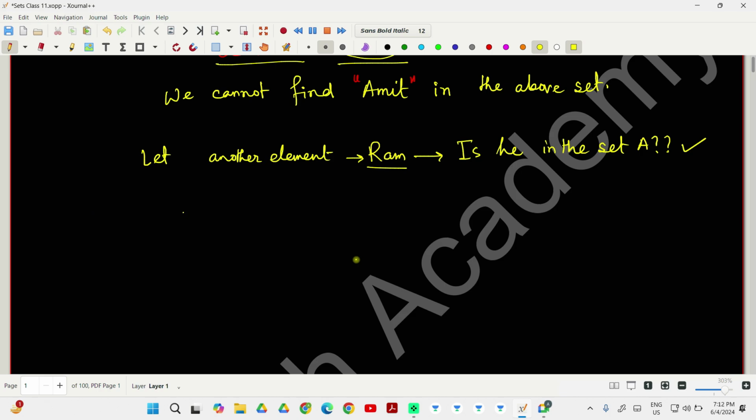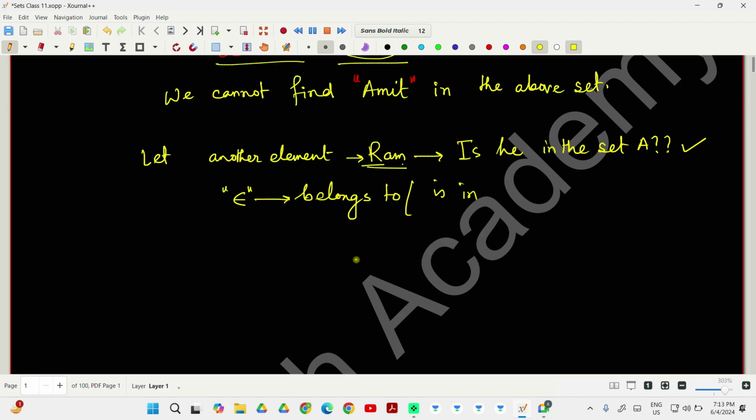So now we are introducing a symbol. This symbol means belongs to, or is in, and after that some set will be there. So this symbol is belongs to.